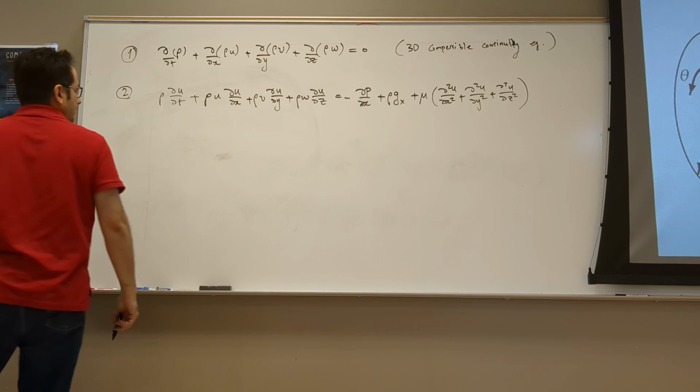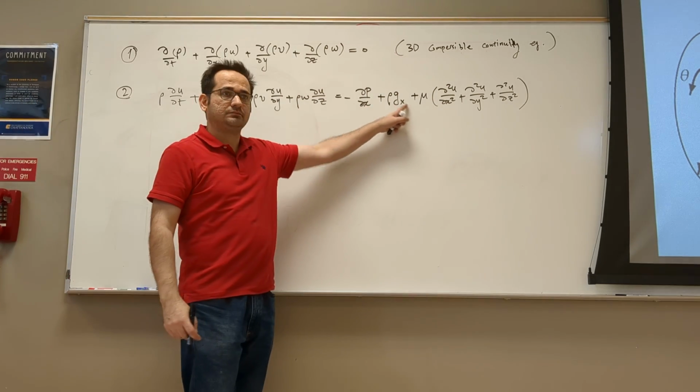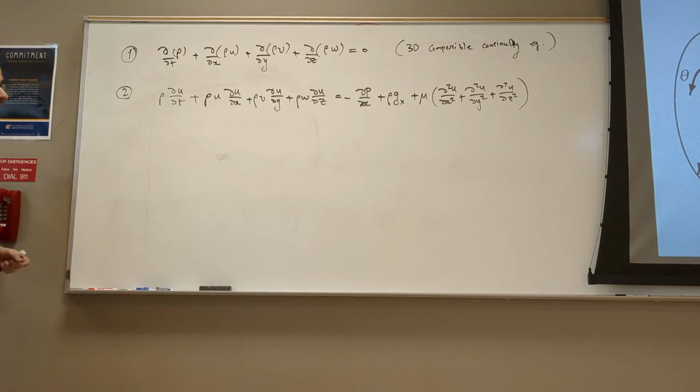So that's your general compressible x momentum, and you also have the effect of gravity, which most of the time is 0.